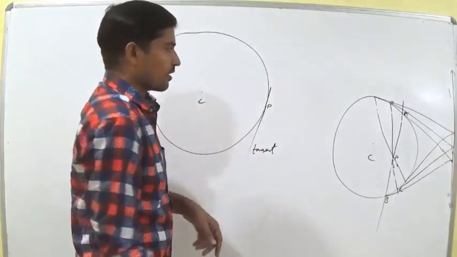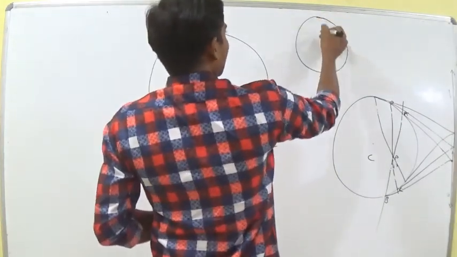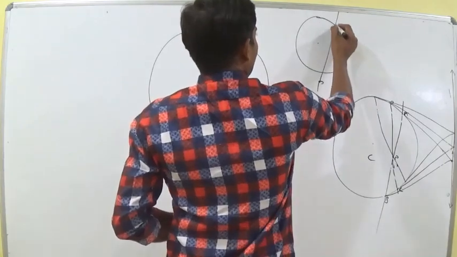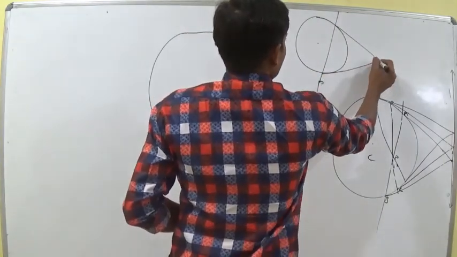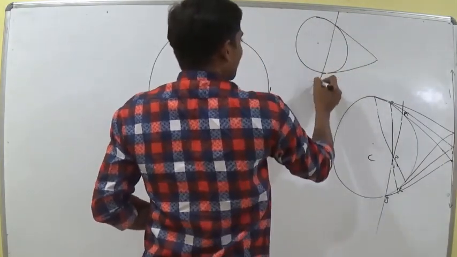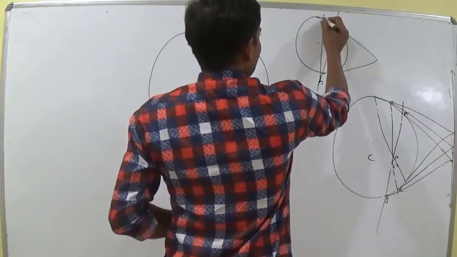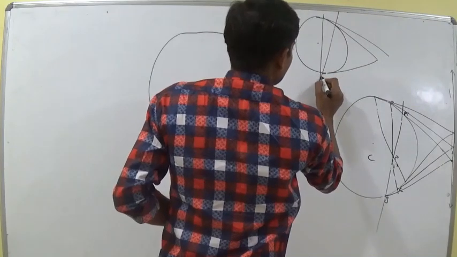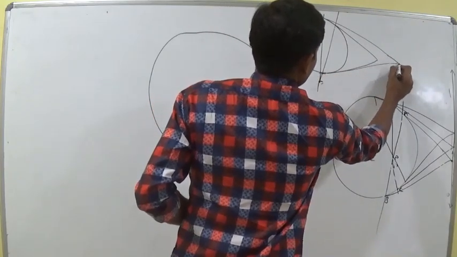We already saw that. Circle, point, secants are drawn and the tangents come like this, and one more secant, now tangents become like this.